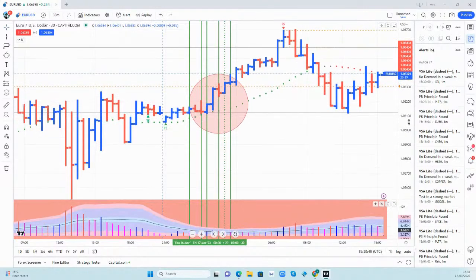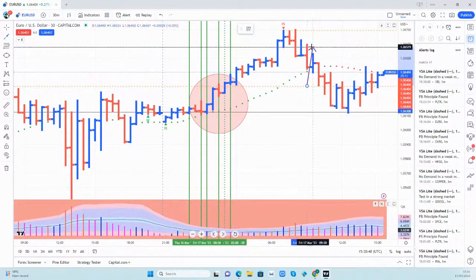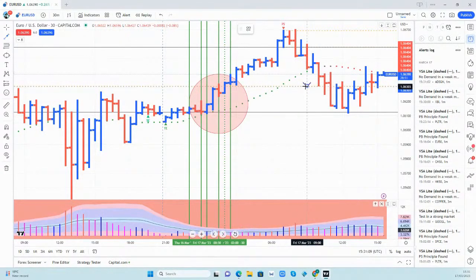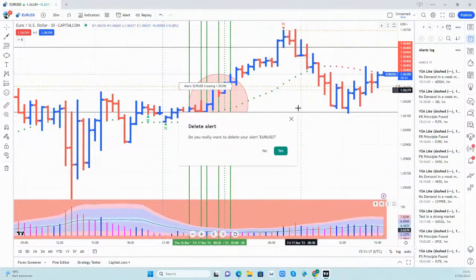This is a very healthy profit that you could have made on your trade. 1.0638, 1.06308, and you will get stopped out at 1.06579. Very healthy profit, and this is how you set up your trade on higher time frames.